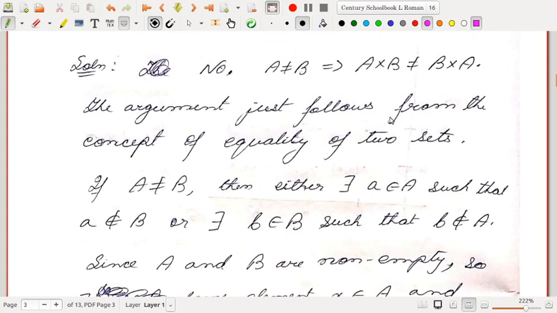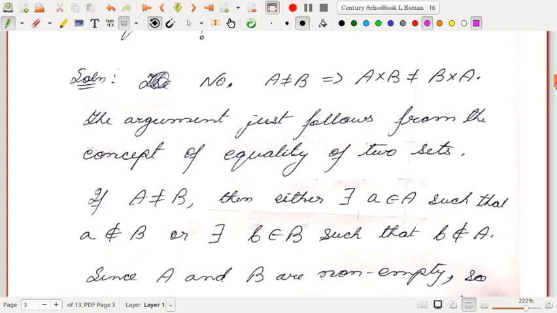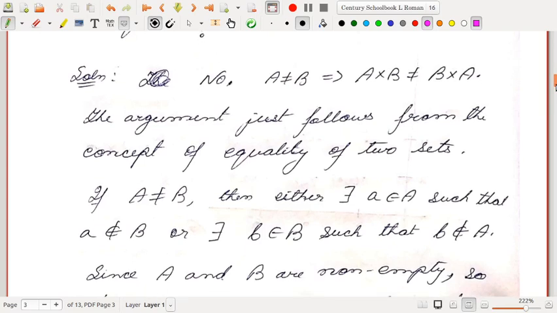The argument follows from the concept of equality of sets that we had discussed in the earlier lectures. Two sets are equal if they have the same elements. So they are unequal if there exists an element in one set which is not there in the other, or there exists an element in the other set which is not there in the first set.